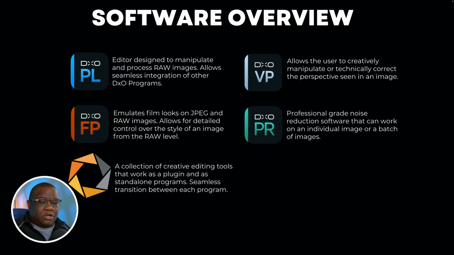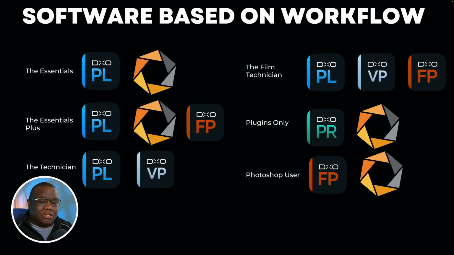So now that we're up to speed on what software DxO offers, let's take a look at which programs fit into a specific type of workflow. As I was looking at all of the DxO software, I came up with 6 bundles that I think would fit with the software offerings that DxO has.